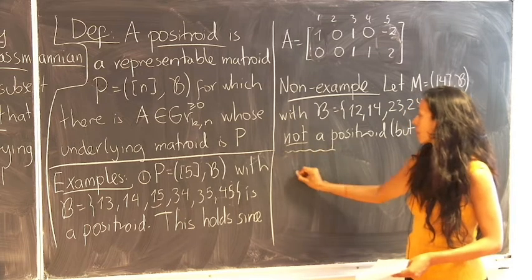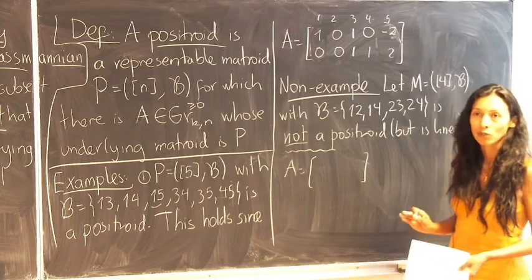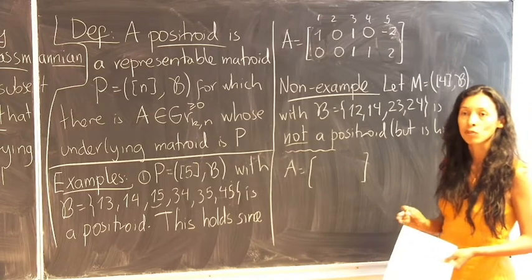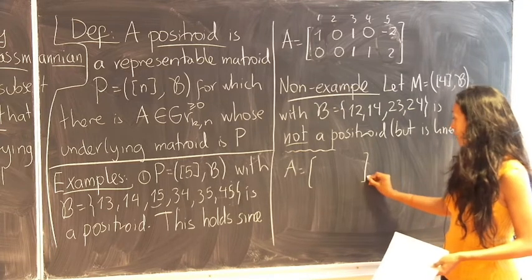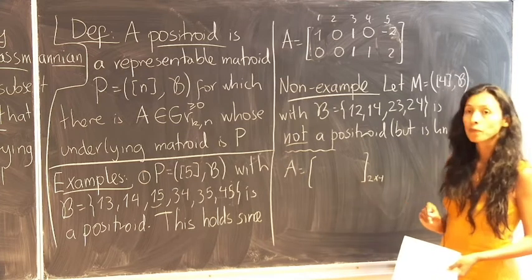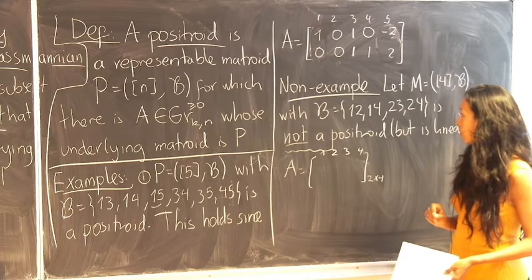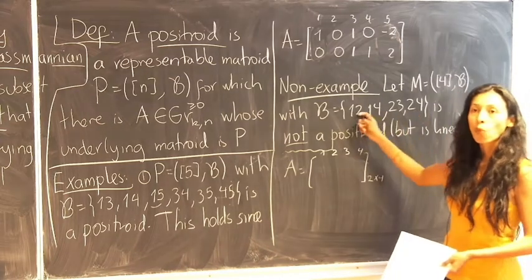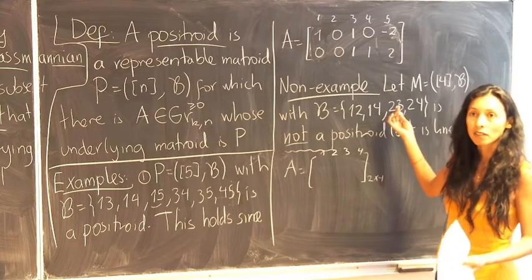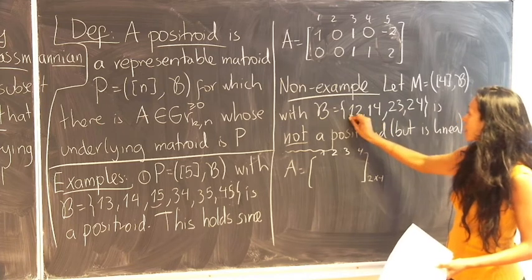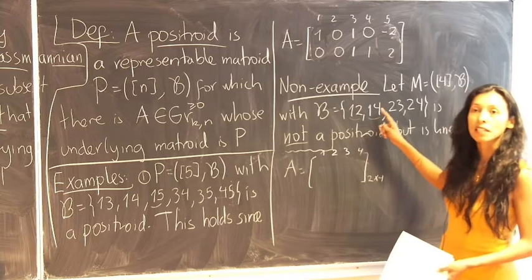We can argue just by trying that no matter how hard we try, we are not able to provide a matrix that gives rise to this matroid M. So again, my matrix should be 2 by 4, and my columns I index 1, 2, 3, 4, and already I see what columns are linearly dependent and independent. For instance, you see that {1,2} and {1,4} are independent, but {1,3} is not.